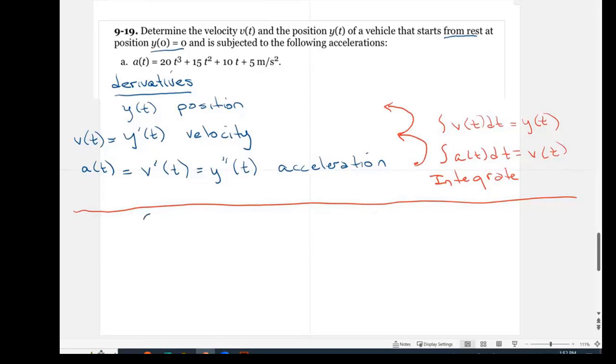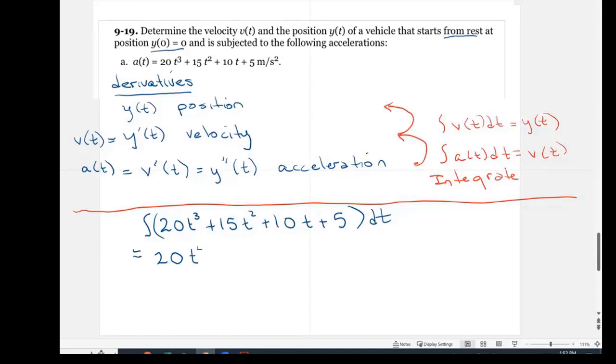I have the integral of 20 t to the third power plus 15t squared plus 10t plus 5 dt. And again, I'm going to do every single thing little by little. Take out the 20, and then I'm using the power rule, which says I add 1 to the exponent and divide by that number.